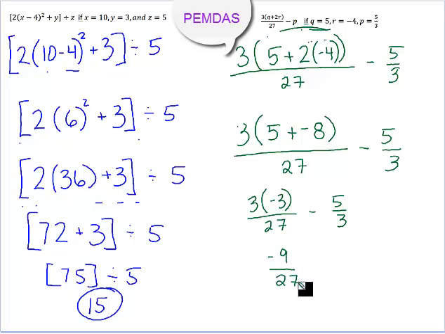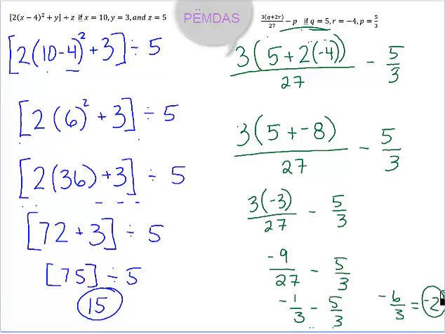So now we have negative 9/27 minus 5/3. 9/27 simplifies down to 1/3, so this is negative 1/3 minus 5/3. They already have the same denominator, which works out great for us. So this is negative 6/3, or simplified, negative 2. So there we are evaluating. And this should have been a review for you.